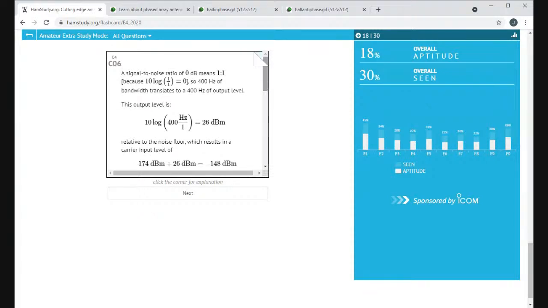Signal to noise ratio of 0 dB means 1 to 1, because log 1 over 1 equals 0. So 400 hertz of bandwidth translates to the output level.